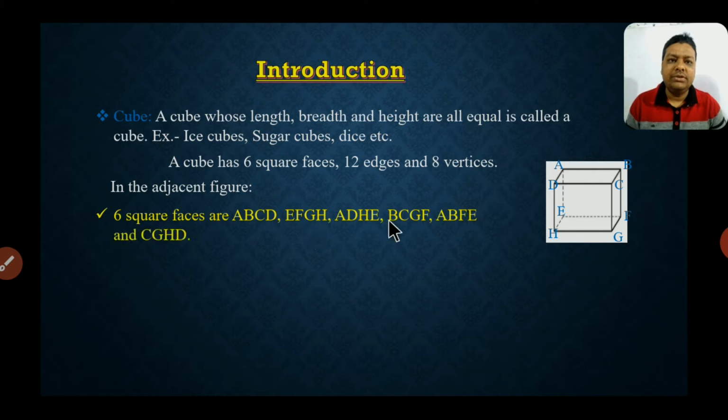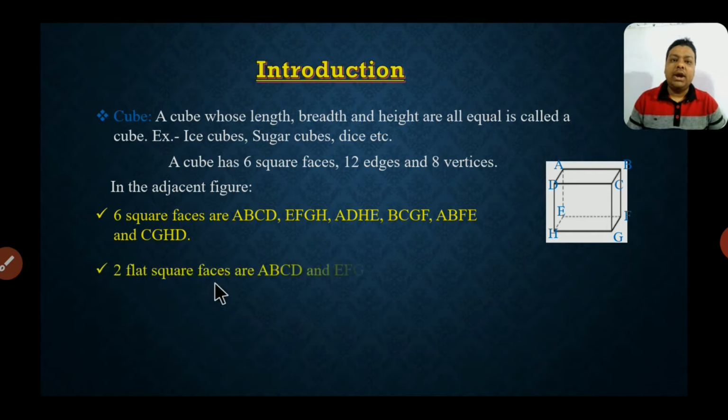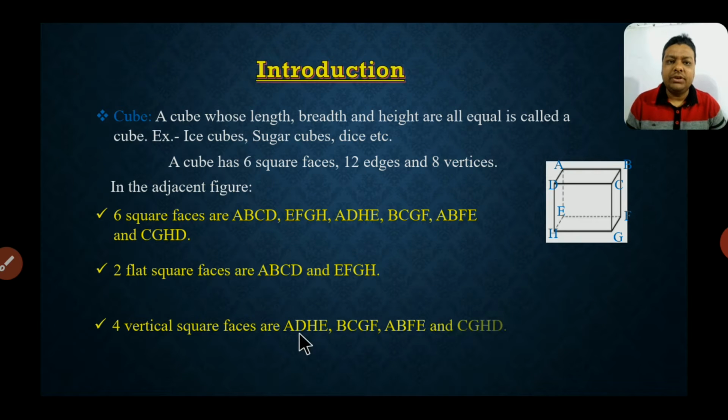So there are 6 square faces, these all are square faces. Two flat faces are ABCD and EFGH, the top and the bottom, and the rest all 4 vertical faces are ADHE, BCGF, ABFE and CGHE. So these are the dimensions of the cube. Okay, students.